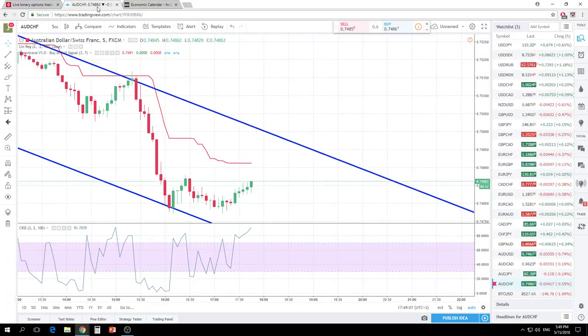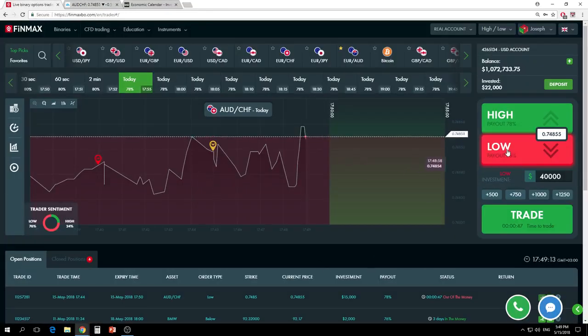As you can see, the Australian dollar is still having not really normal movements.